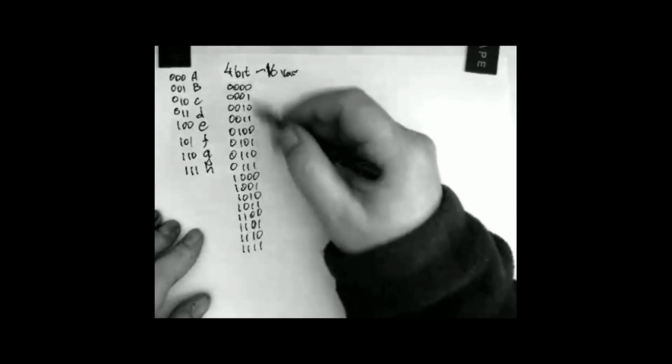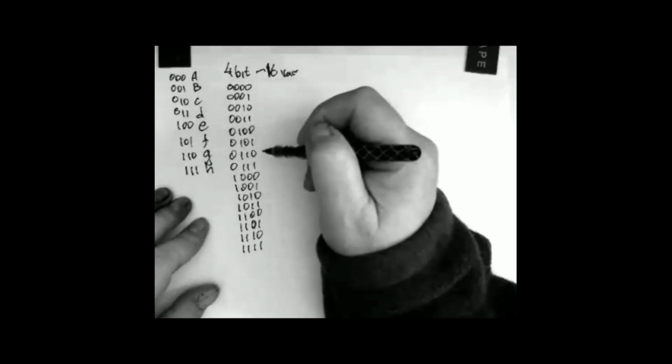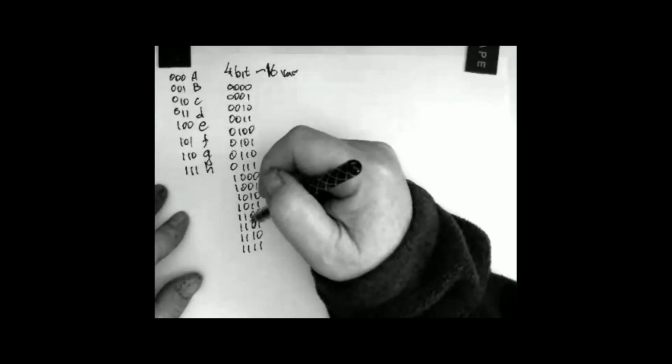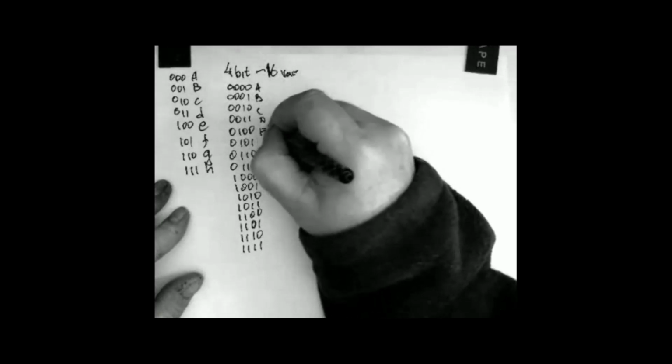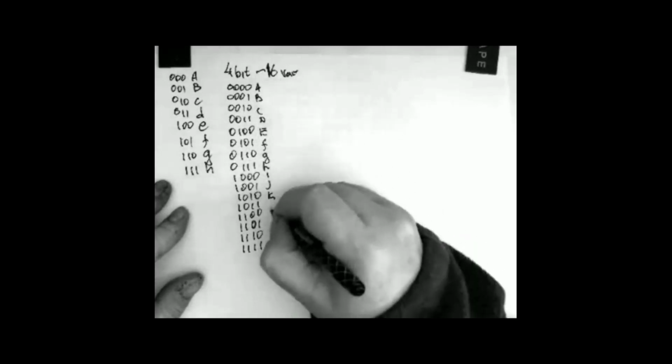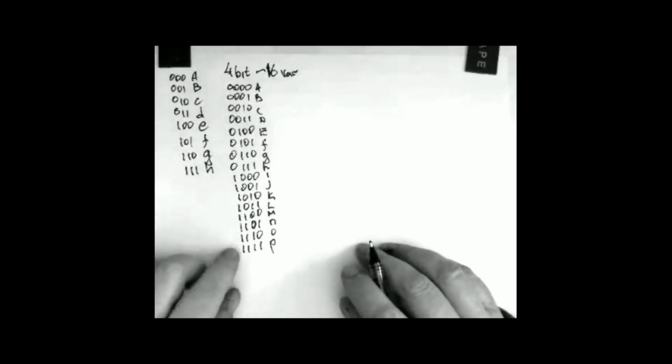Oof, I was tired of listing them. But look at this. Every single line of this code could be used for one symbol of the alphabetical set. So that will be A, B, C, D, E, F, G, H, I, J, K, L, M, N, O, P. But I cannot use more because there are not enough codes. Why does 4 bit give me 16? Definitely Q for 16 will be 2 to the power of 4, which is 16.